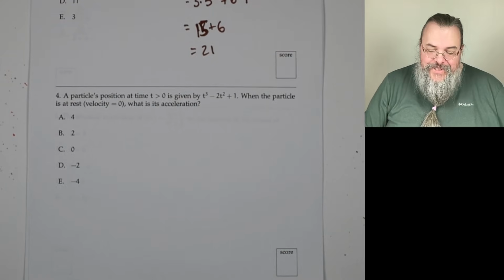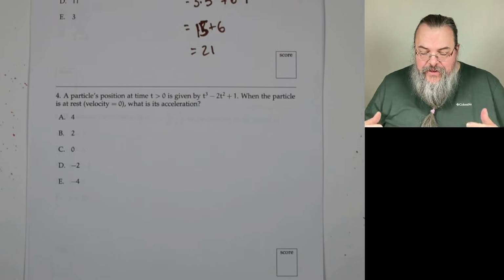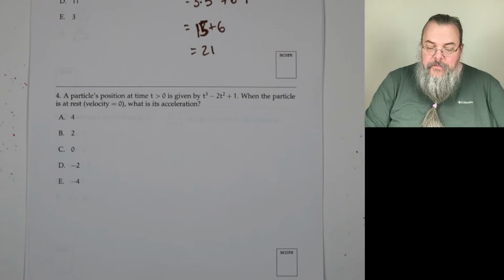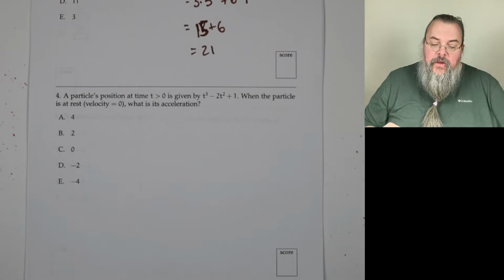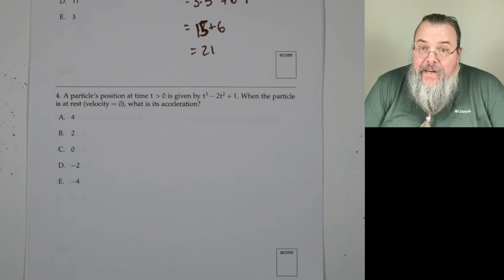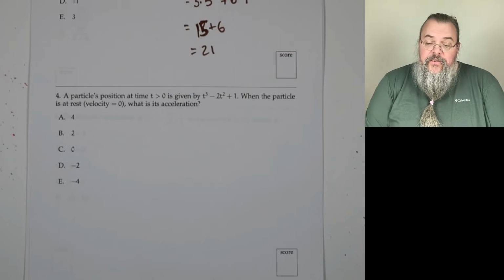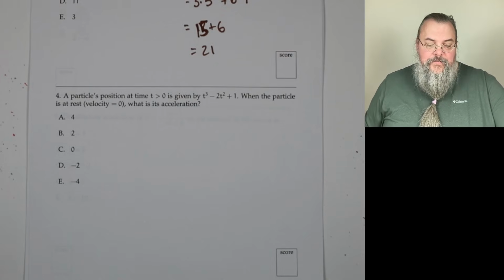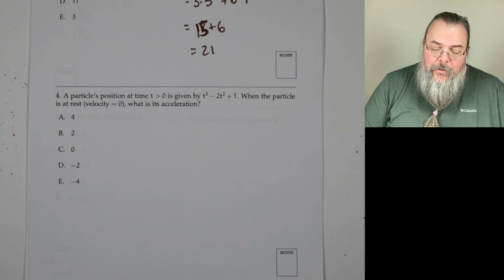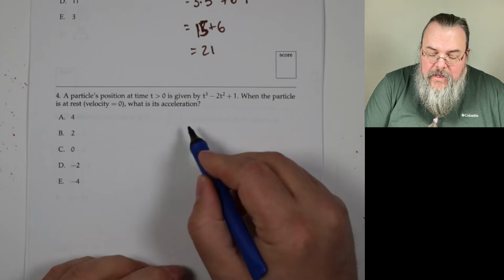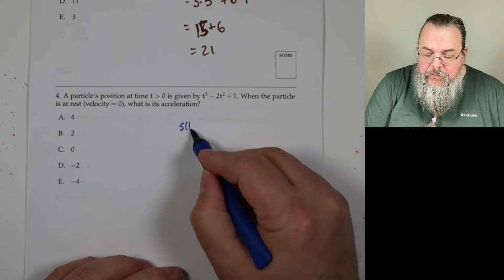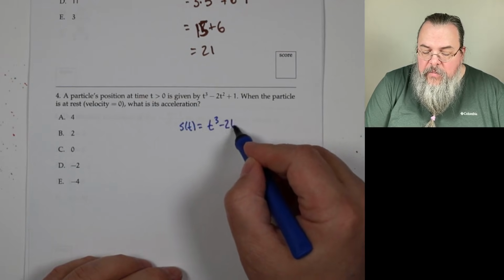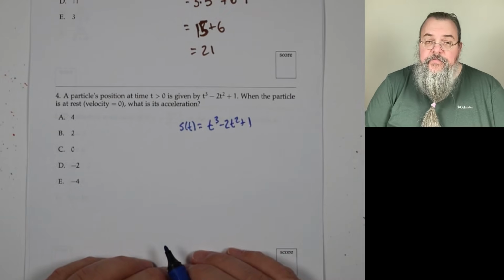A particle's position at time t greater than 0 is given by t cubed minus 2t squared plus 1. So there's our position. When the particle is at rest, that is to say velocity equals 0, what is its acceleration? So, what do we have? Well, we're told s of t, and we use s for position, t cubed minus 2t squared plus 1.